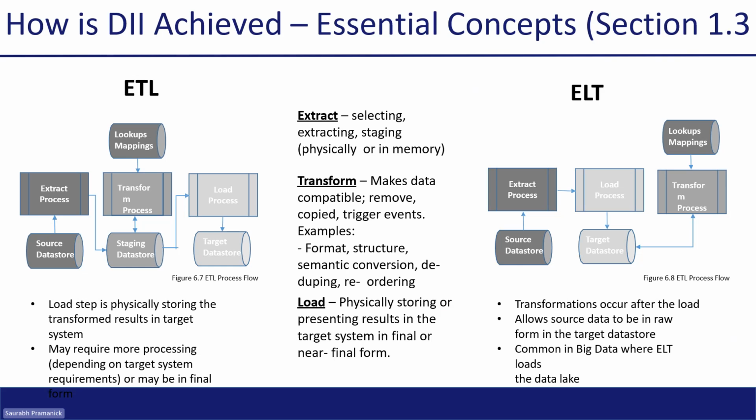For example, as I was mentioning, I want to represent the gender codes 0, 1, 2, 3 as specific values like unknown, female, male, and so on. So I'm trying to convert or have some lookups. Or let's say I want to dedupe the records. I don't want to load all the duplicate data, or I want to change the order. I want to sort the data.